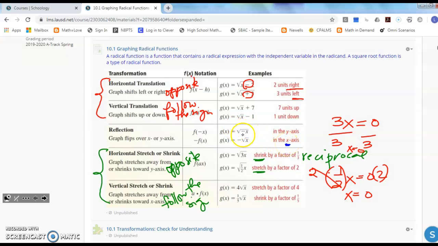But if the radicand is being multiplied by -1, then you're reflecting it in the y-axis. So that's just a quick guide as to how you are going to interpret the transformation for square root functions. Now let's look at some examples.